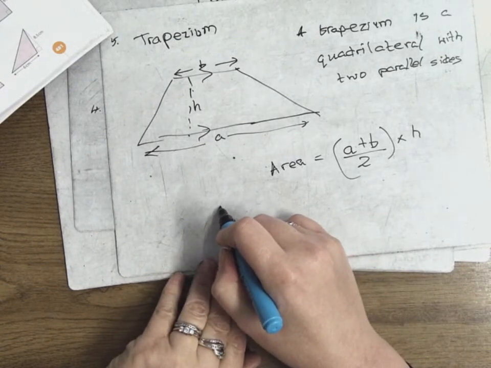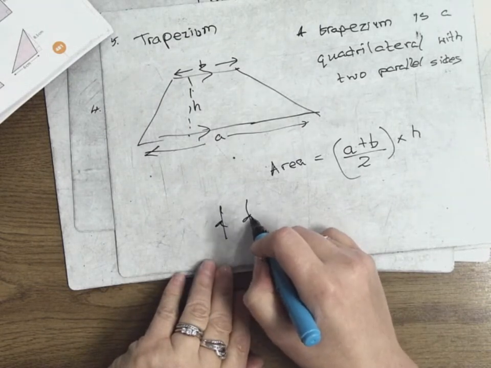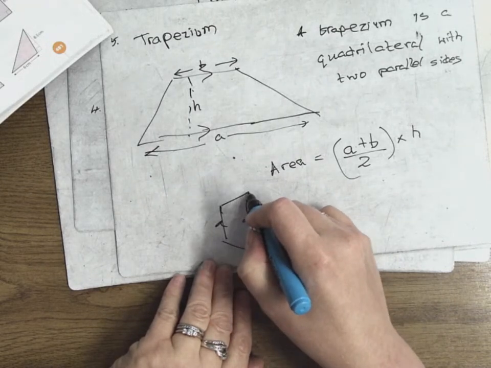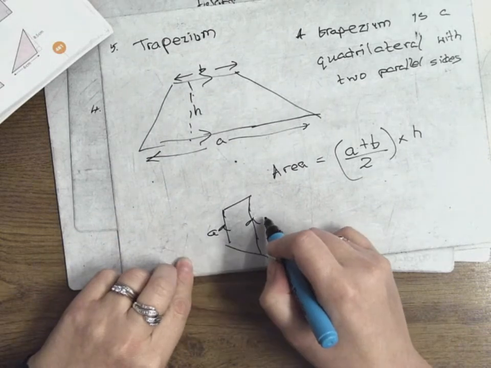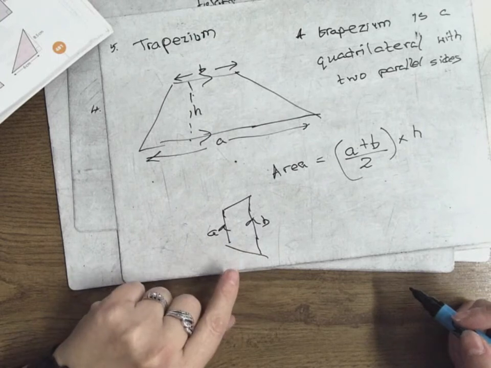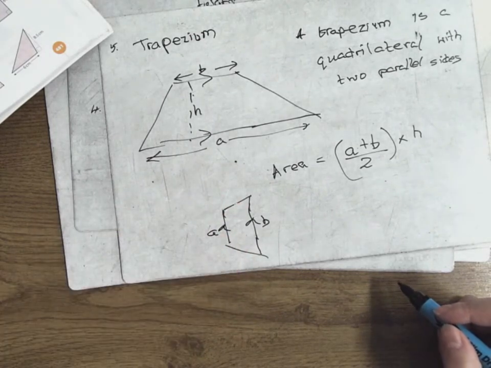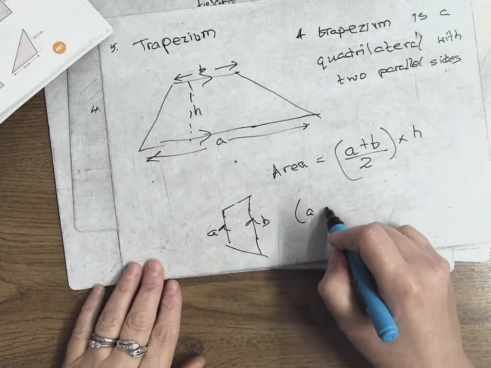Please note, girls, that if they give you the trapezium like this one here, A and B are the parallel lines. So this is A and this is B. A and B are always the parallel lines. They're not the measures of the other lines.